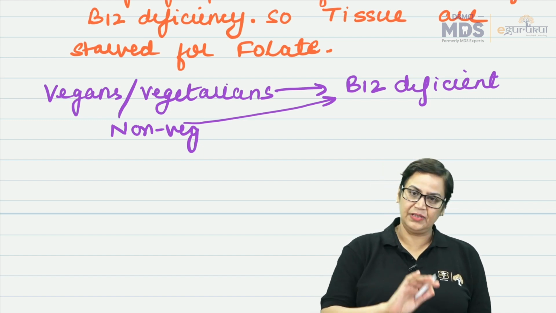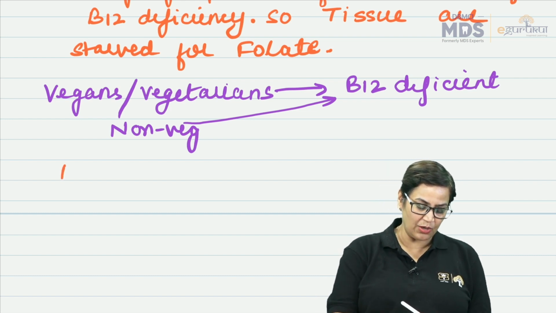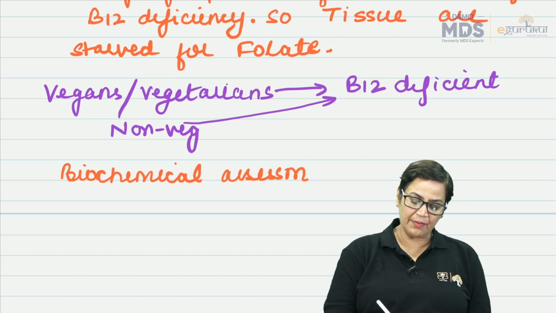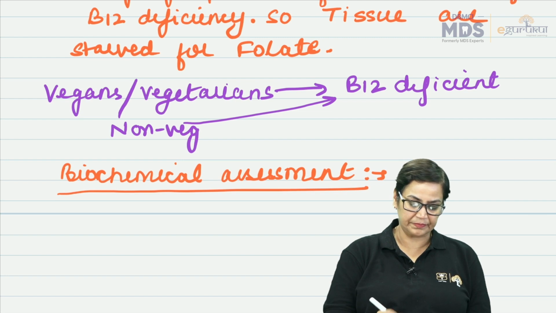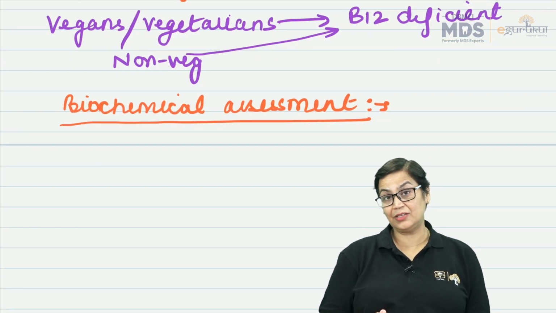And then ये तो हो गए reactions, deficiency manifestations. Then we come over to biochemical assessment of B12. In biochemical assessment, one is, we can say that just now we have discussed that methylmalonic acid will be there.